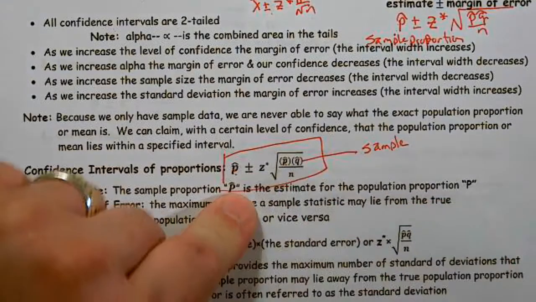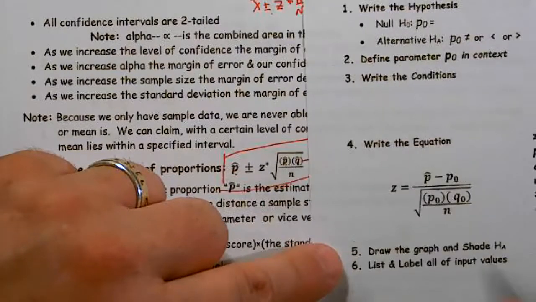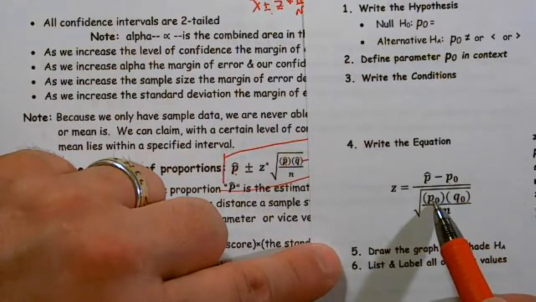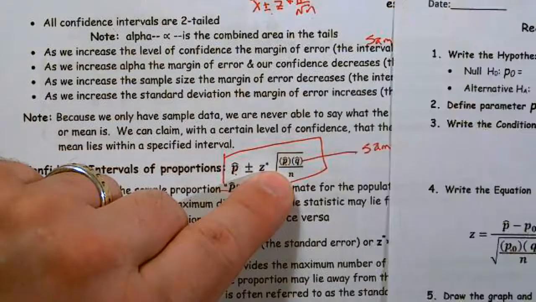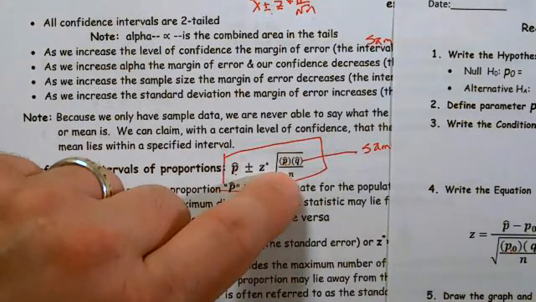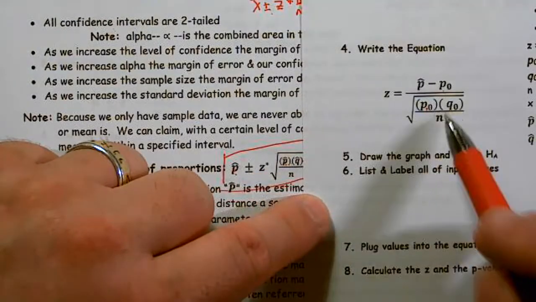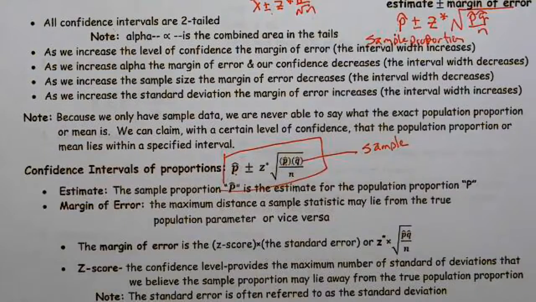Please note this is different than when we did the hypothesis test, because in a hypothesis test, we use the claim in the denominator. Here we have to use the sample. So it's easy to get those confused. Make sure you're using the sample, and make sure you don't mess that up. That's a big thing to be careful with.